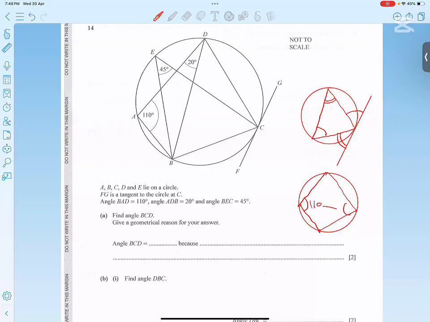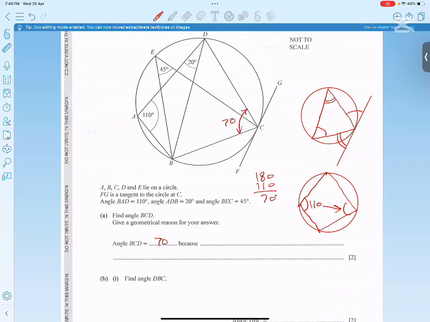If this is 110, how to get this? 180 minus that. So I'm writing here 180 minus 110, I get 70 degrees. So this angle is 70 degrees.